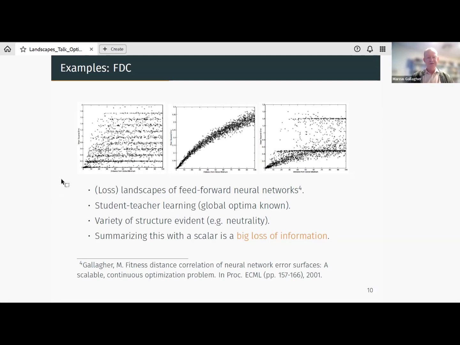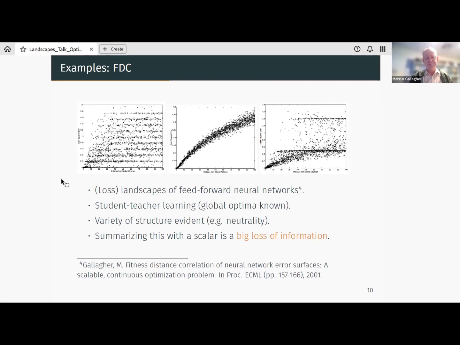So you can see that you get quite a variety of structure from these scatter plots. For example, you can see these horizontal lines sort of appearing, which tells you that there are a lot of solutions that have a very similar fitness value, regardless of the distance to the global optimum.